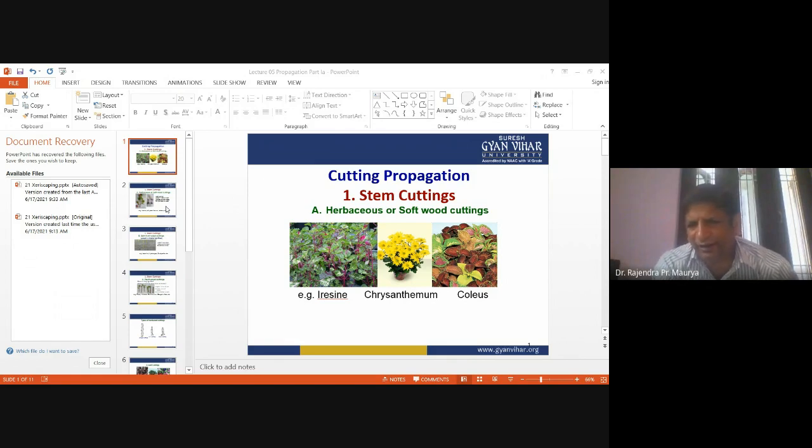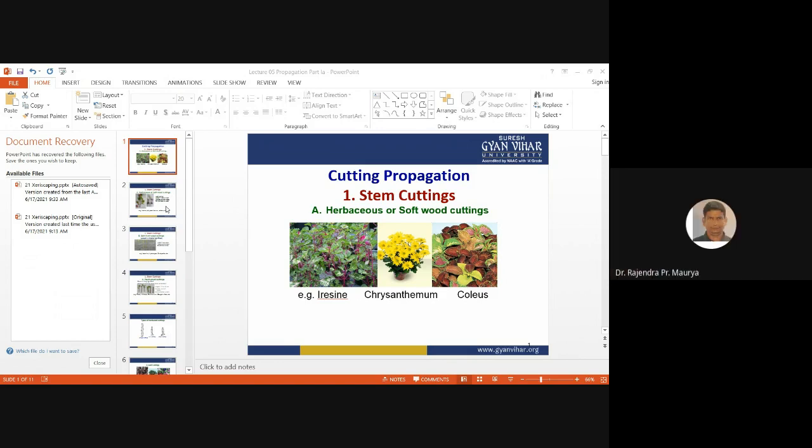And as already mentioned, herbaceous or softwood cuttings must contain several nodes. After a few weeks, the nodes will sprout, and from the underground part, new roots will be initiated.